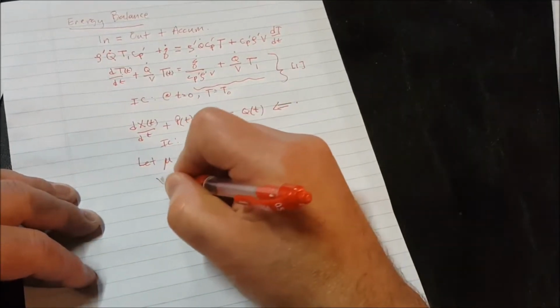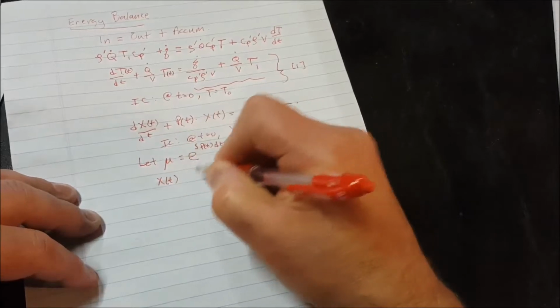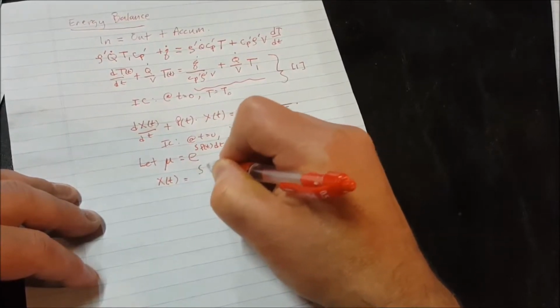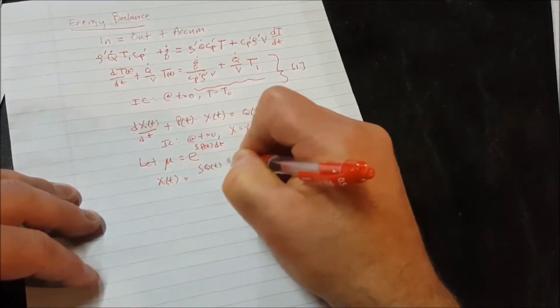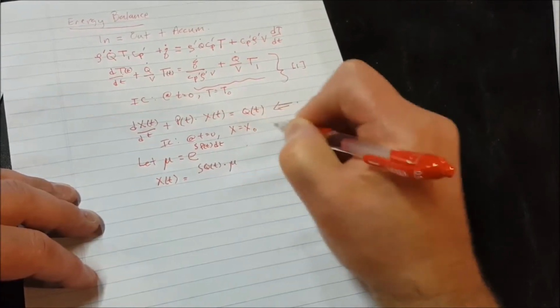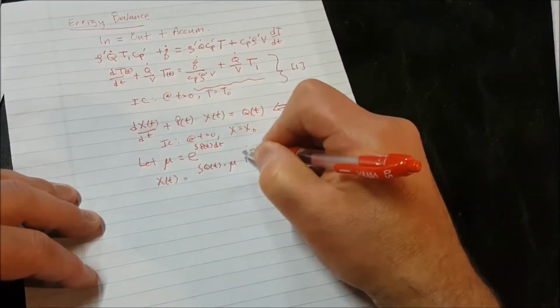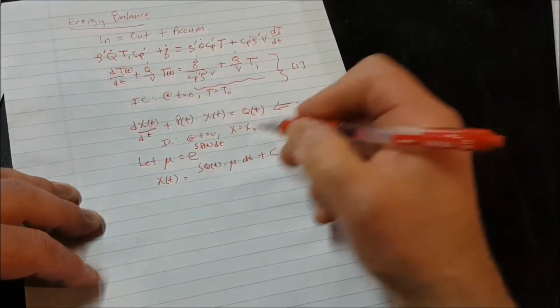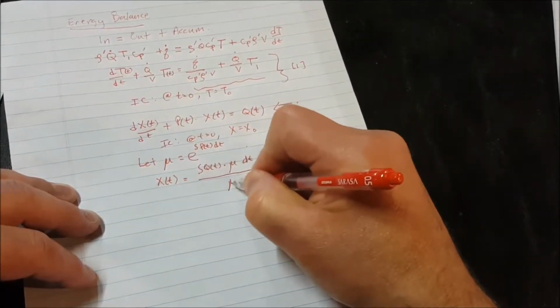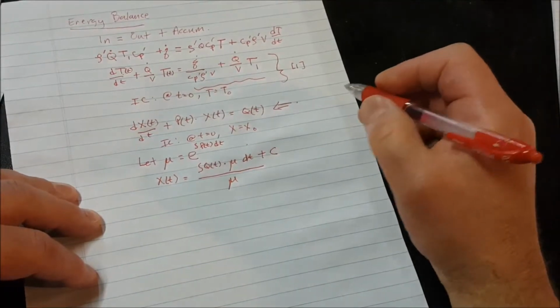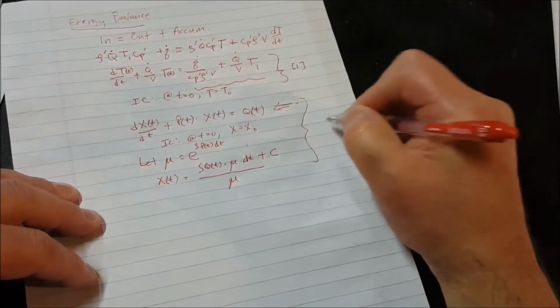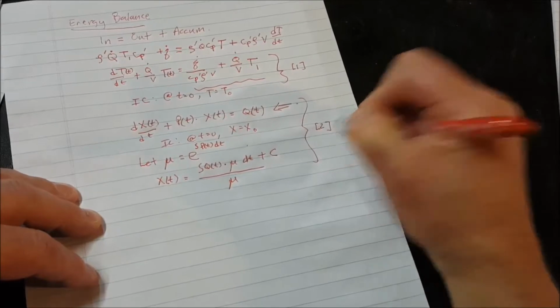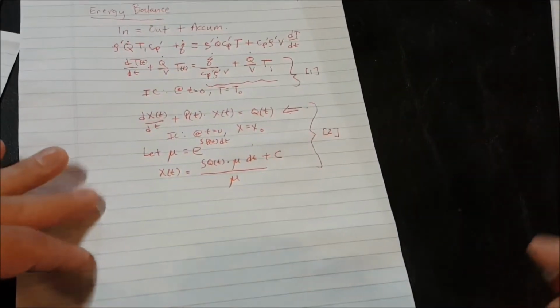Then the solution is x of t equals integral of q of t times the integrating factor dt plus a constant of integration, divided by the integrating factor. Okay, so I'm going to call this whole mess 2. That's my general integrating factor solution.